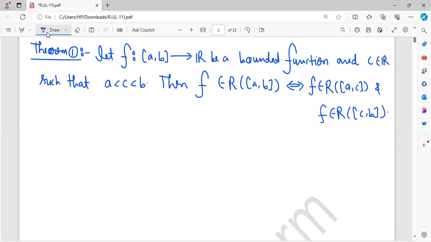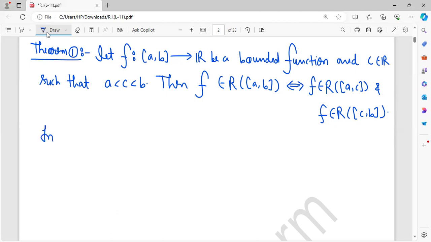It means f is Riemann integrable over [a, b] if and only if f is Riemann integrable over [a, c] and f is Riemann integrable over [c, b].